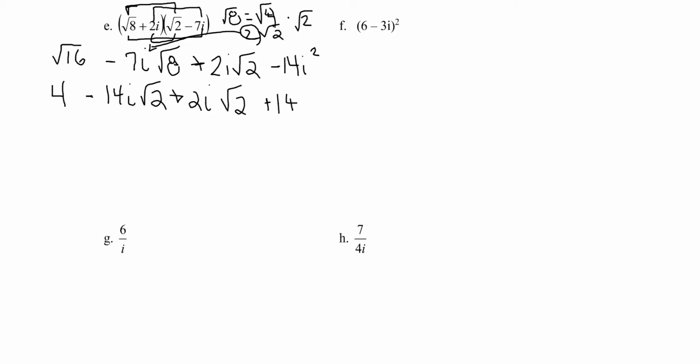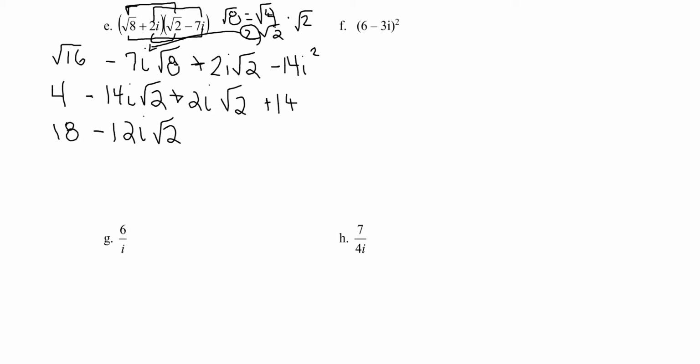I can add 4 plus 14. It will give me 18. And negative 14i plus 2i will give me a negative 12i square root 2. Because again, we had i's in both terms and the square root of 2, so we could add them together. So my final answer is 18 minus 12i square root 2.